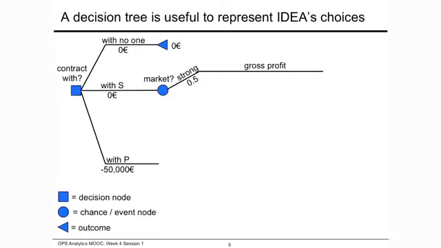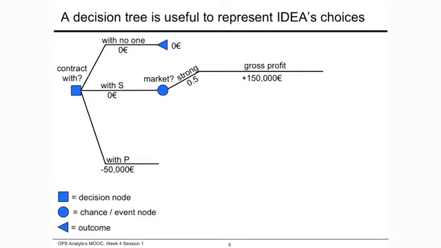Remember that supplier S has 5,000 units of capacity, and a strong market has 10,000 units of demand. So IDEA would be capacity limited. It would sell everything that it had ordered, and it would earn 5,000 units times €150 per unit, but pay unit costs of €120 on all 5,000 units for a gross profit of €150,000.